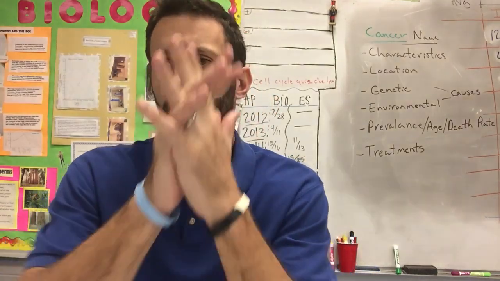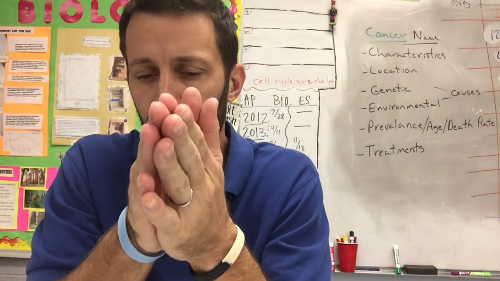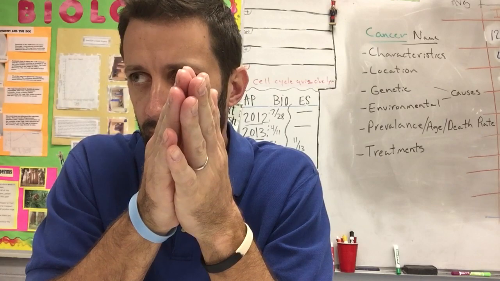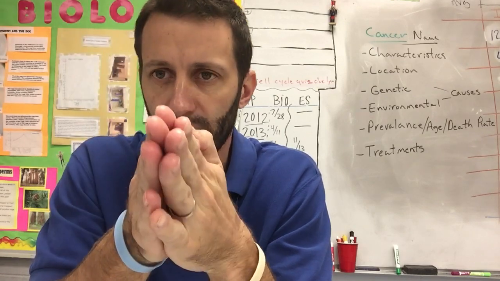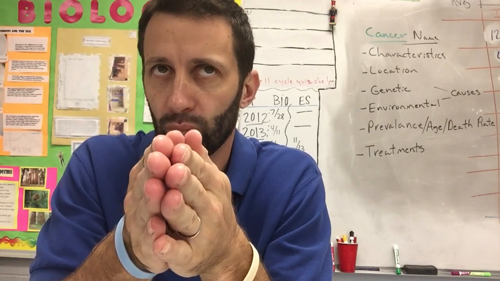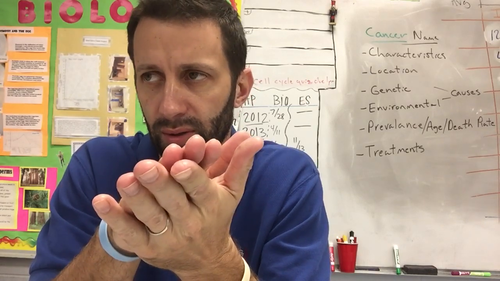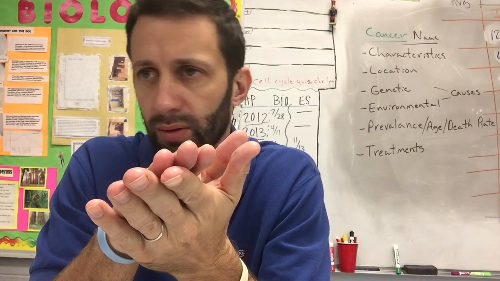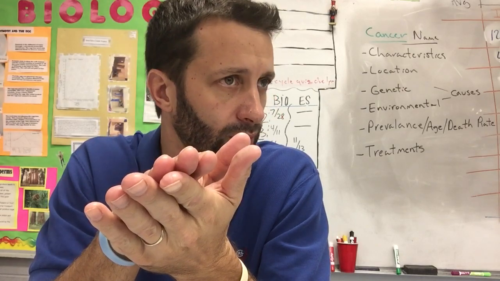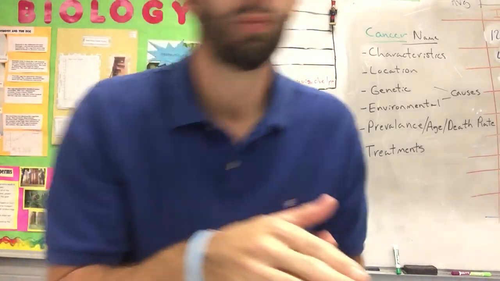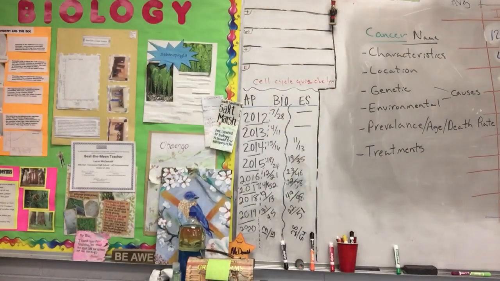Now, there are 2 major control systems in your body. What are they, Matthew? What are the 2 major control systems in your body? Okay, your nervous system is the primary one. What's the secondary system that controls your body? Nervous controls primary control. What's the secondary control for your body cells?